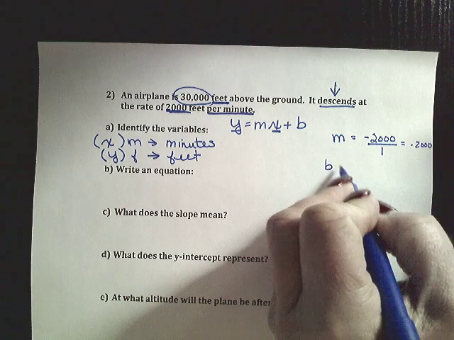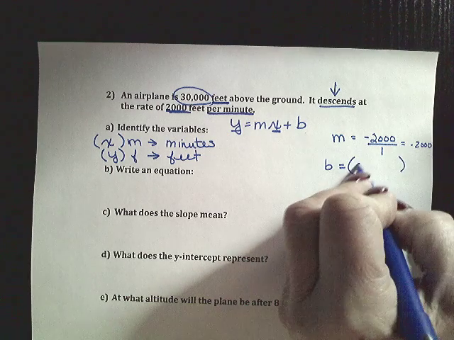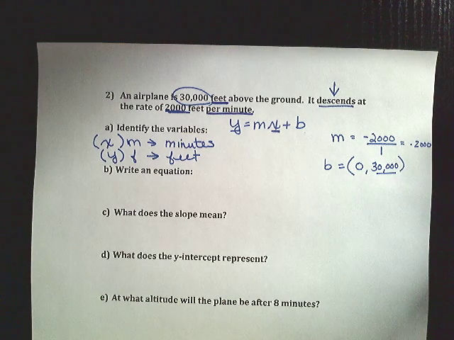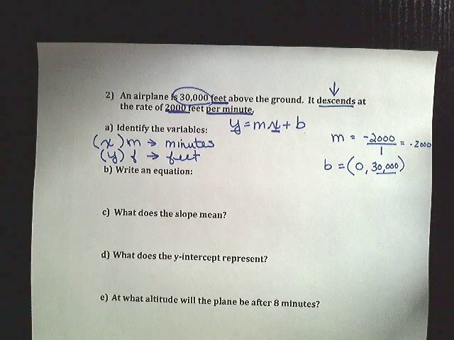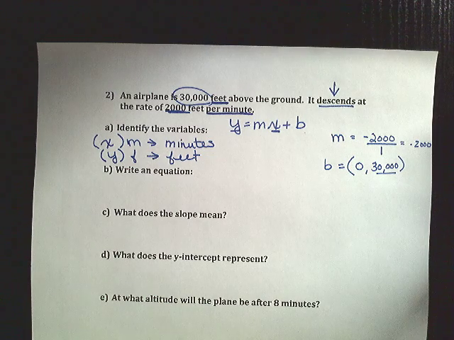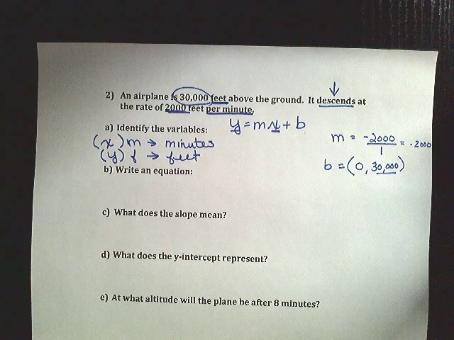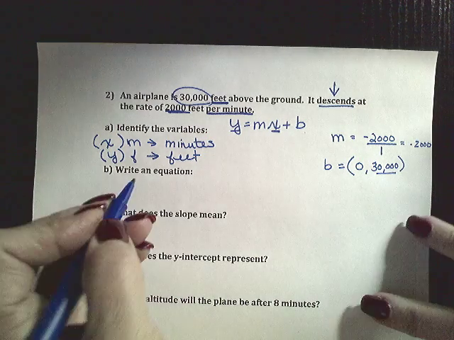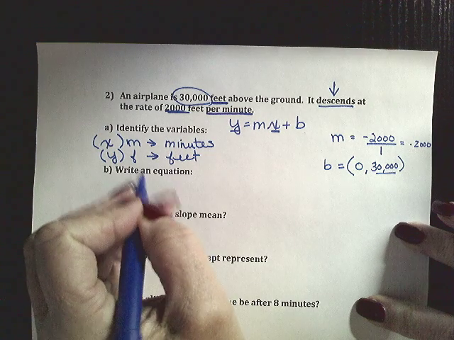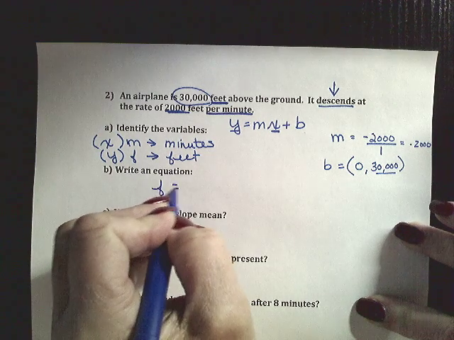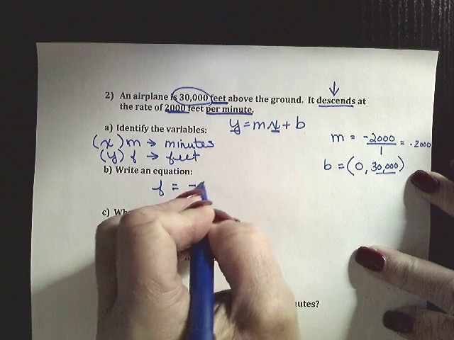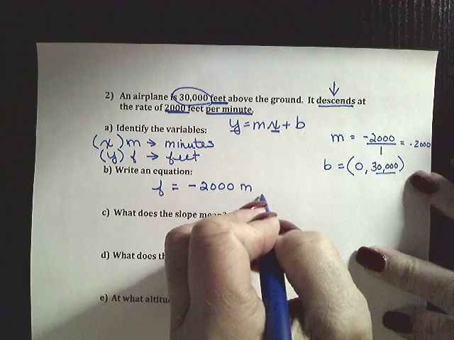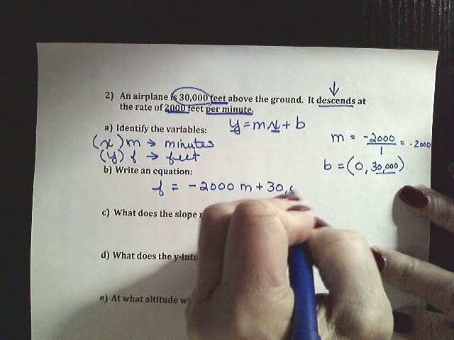And our y-intercept: where is the plane starting? The plane is starting at 30,000 feet. That's its starting point, and then it descends, or goes down, 2,000 feet per minute. Whenever you see that word per, you know that has to be your slope. That is your constant rate. All right, so my equation is going to be F equals negative 2,000M plus 30,000.